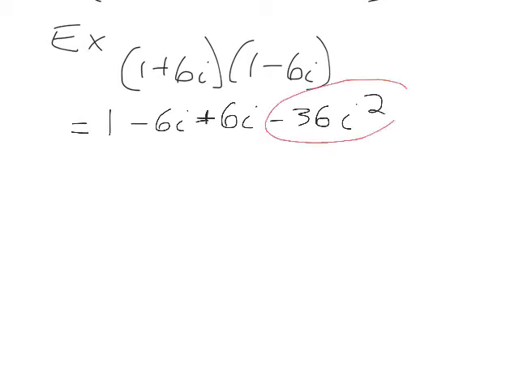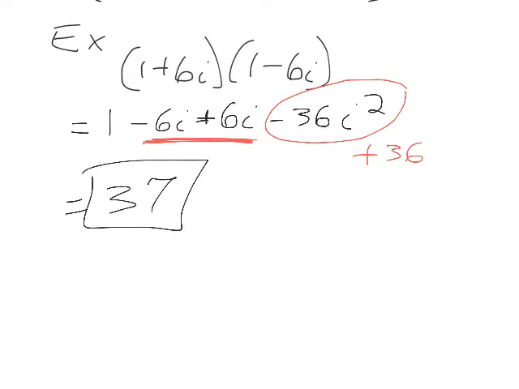The negative 36i squared becomes positive 36, negative 36 times negative 1 from the i squared. These two terms in the middle are going to add out to 0, so I'm going to lose the i out of all those terms. So what I've got left is all real. I've got the plus 1 at the beginning and the plus 36 at the end.